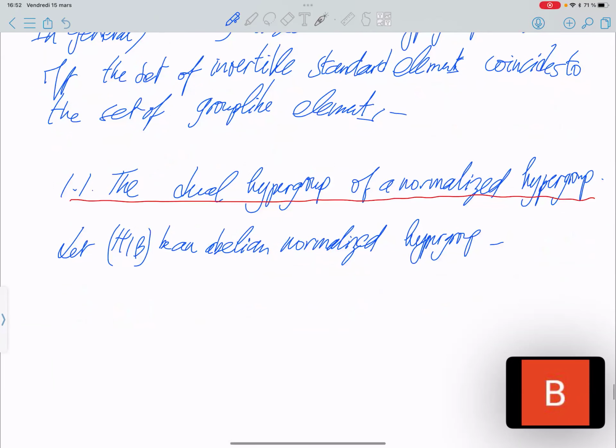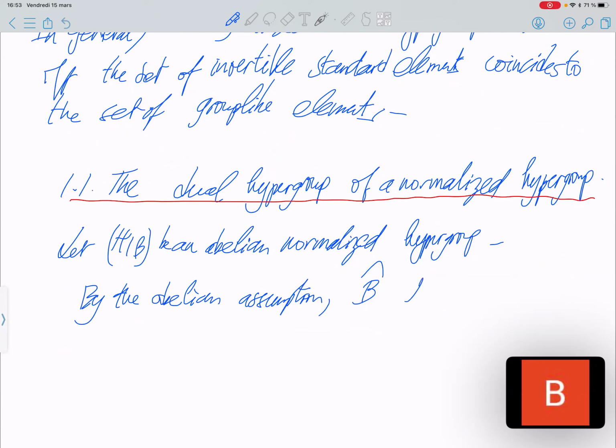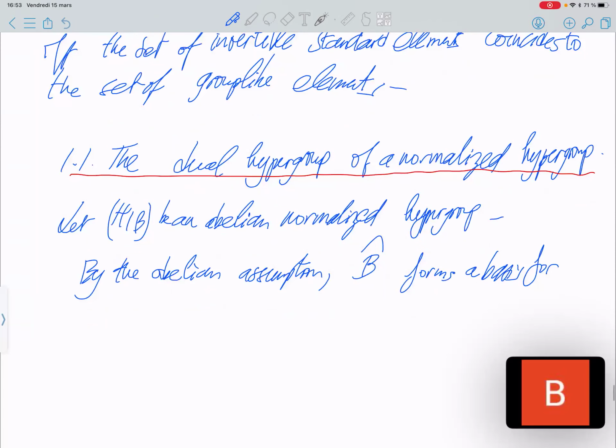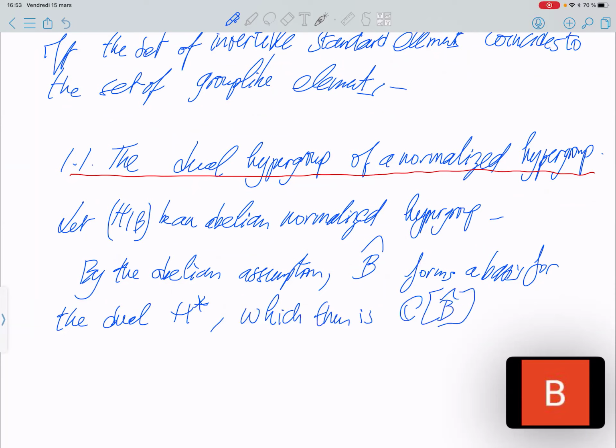By the abelian assumption, the dual basis forms a basis for the dual of the algebra H, which then is just generated by B hat.